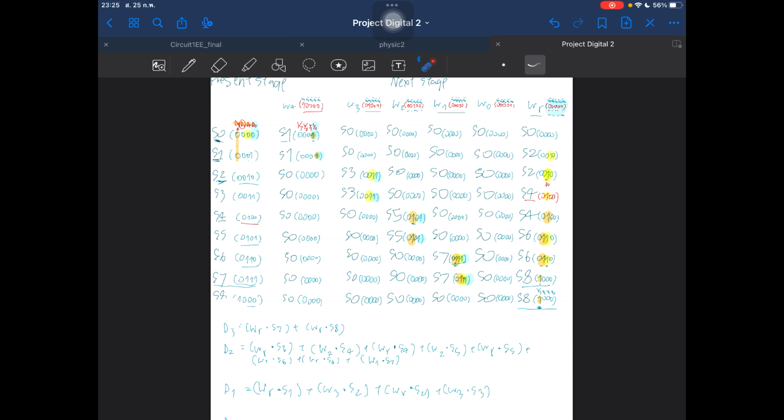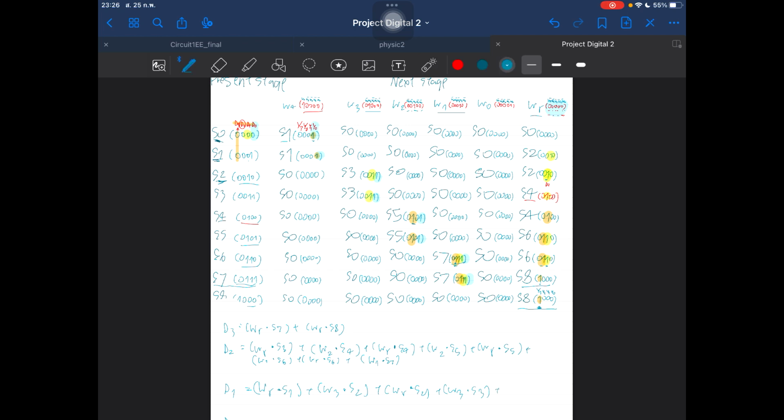Go to state 4. State 4, D1 here, D1 0 here, 0 here, 0 here, 0, 0, 0. Then state 4 is R. Go to state 5. 0, 0, 0, 0. D1 0 and D1 0 here.